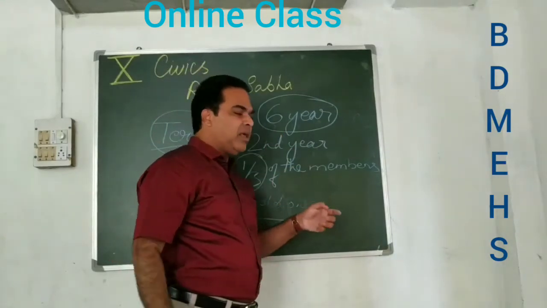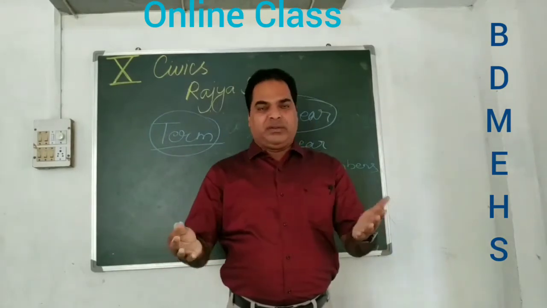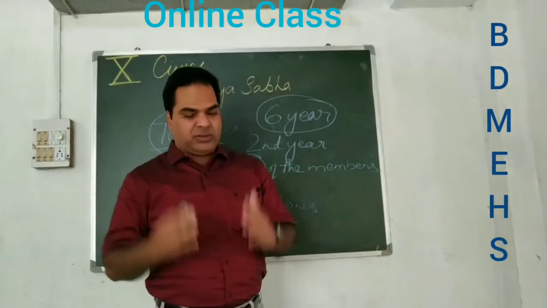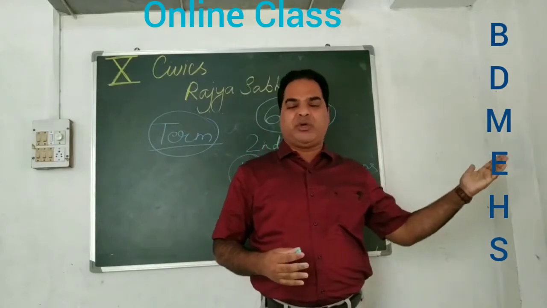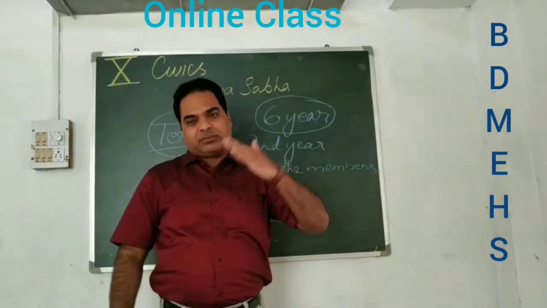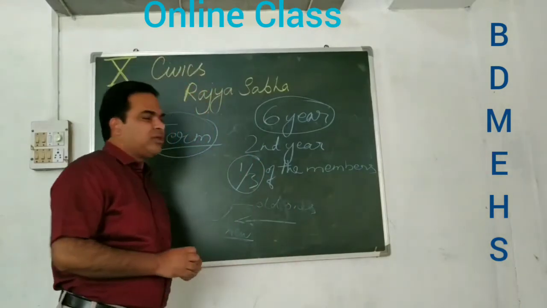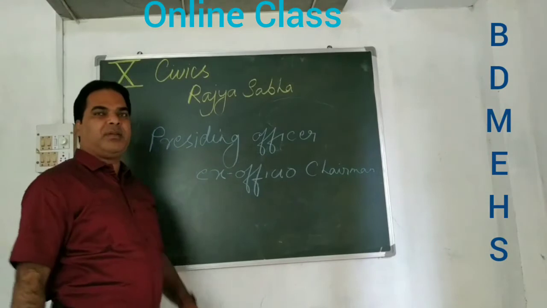Suppose for example, my term as a member of Rajya Sabha is over. 6 years I have completed. So my job is over. I'll be out, and in my place a new member will come in. So this is all about the term of Rajya Sabha.